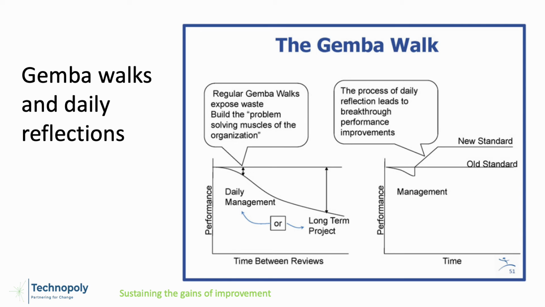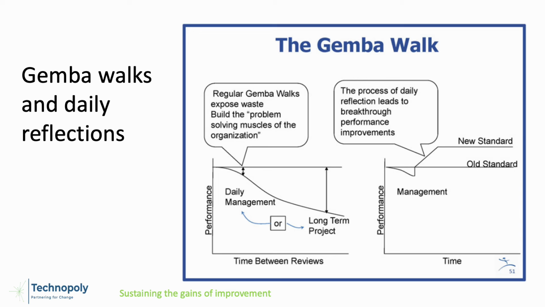Taking the two together, Gemba walks and daily reflections help reinforce 2 things. In Gemba walks, we get to expose possible problems or waste by asking questions of why and how things happen. The goal of a Gemba walk is not to instruct people what to do, but rather to pose questions of what can be done better.